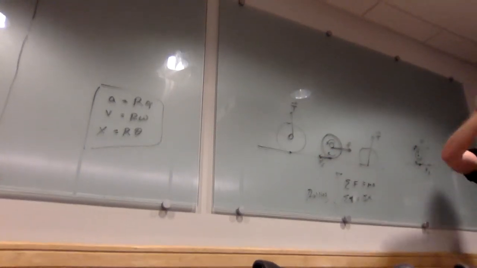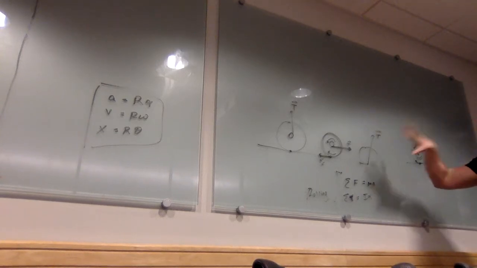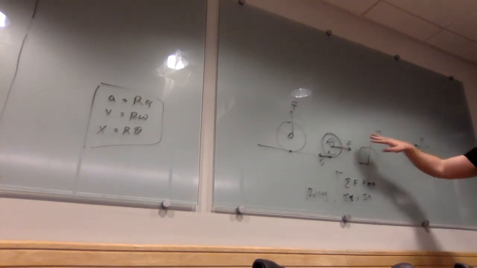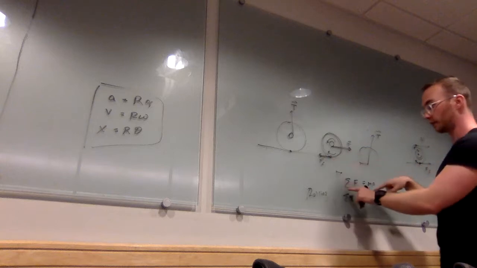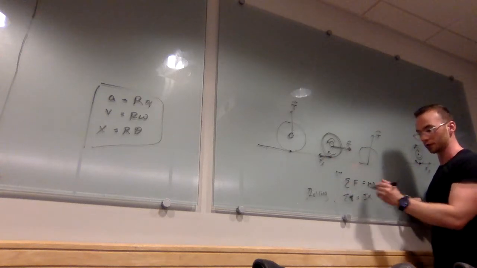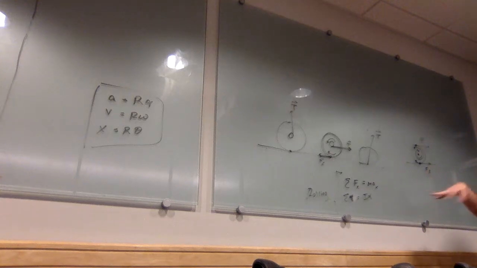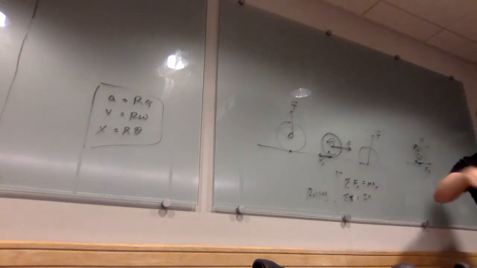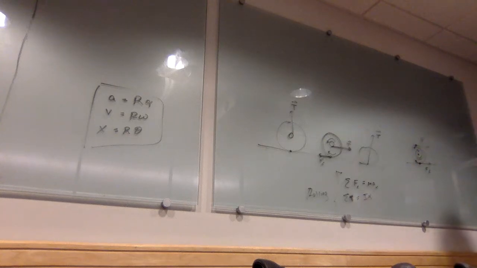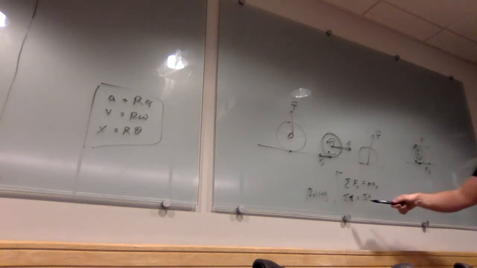Forget about rotation: the sum of the horizontal forces still has to give the horizontal acceleration. That's always just true. Everything we learned before about linear motion is still true when things rotate. The torque, though, we also have to consider.